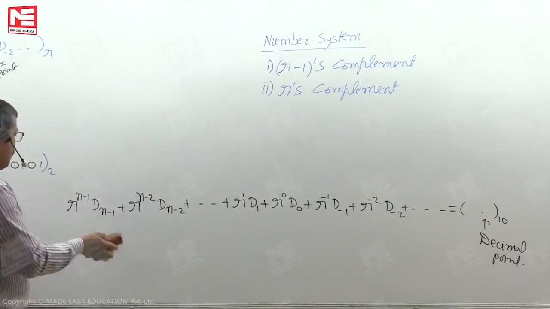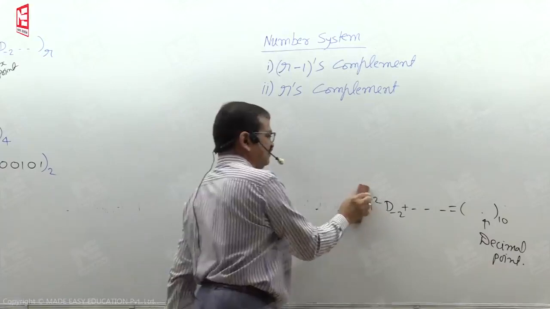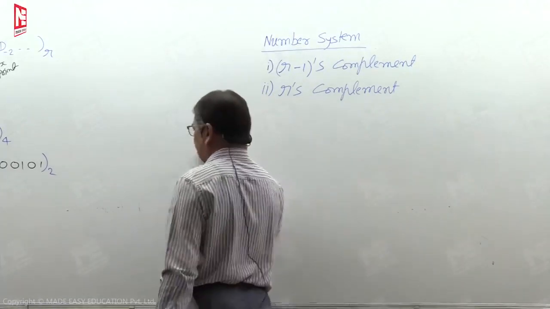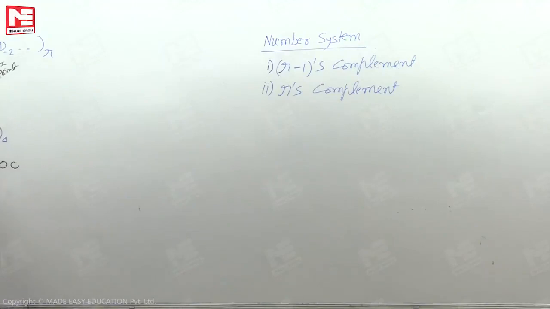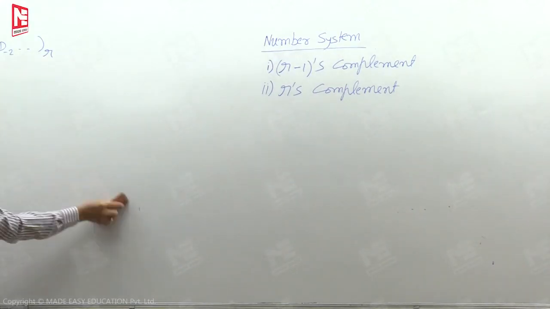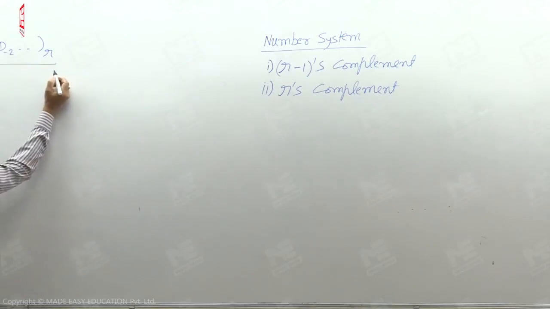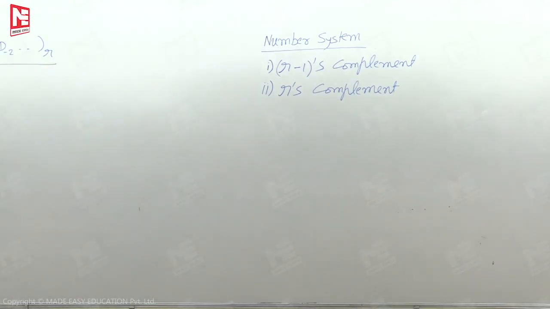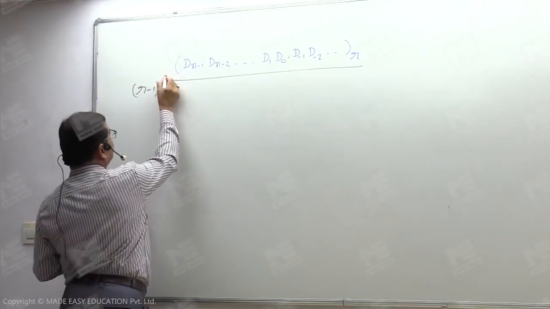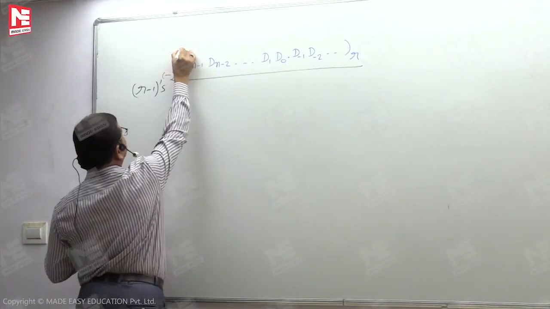To read r minus 1's complement of the given number, we are subtracting every digit of the given number from r minus 1.